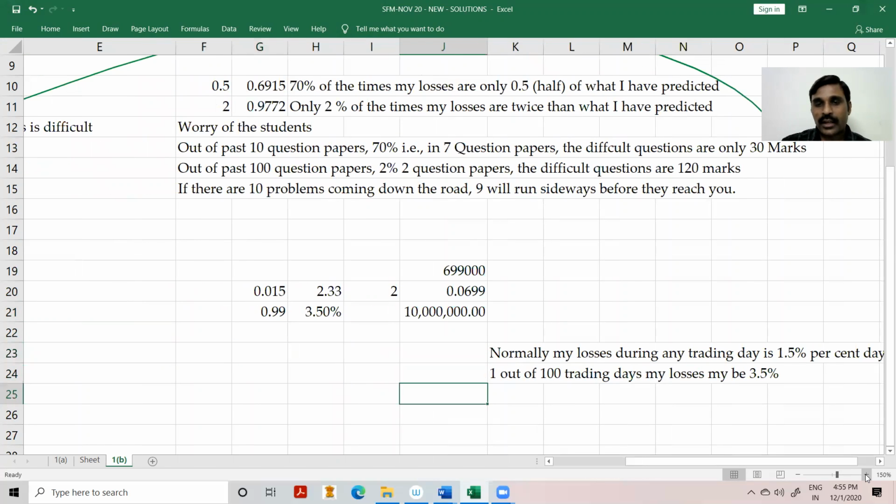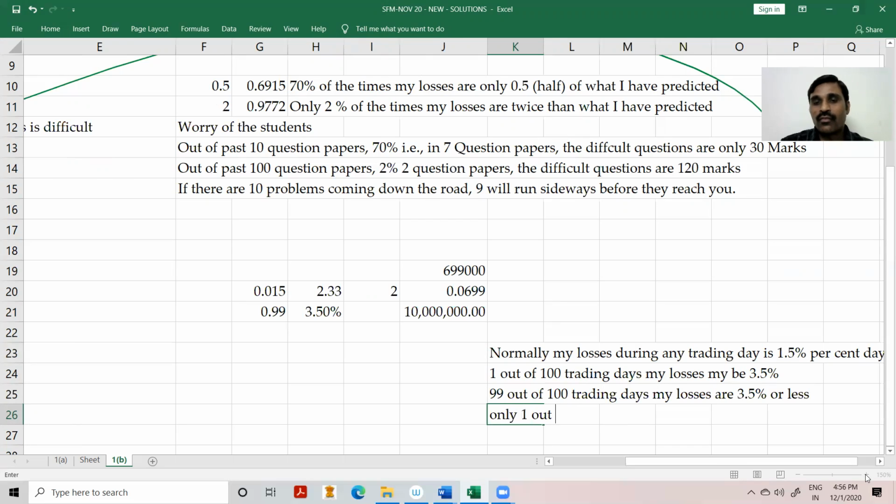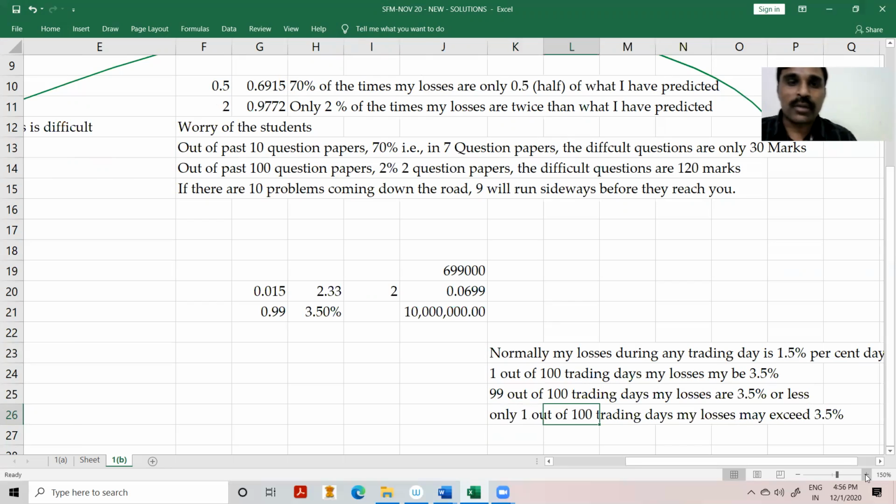I can write it like this: 99 out of 100 trading days, my losses are 3.5% or less. Only in 1 out of 100 trading days my losses may exceed 3.5%. This is how the question has to be interpreted.